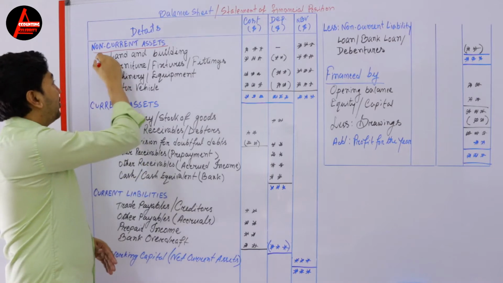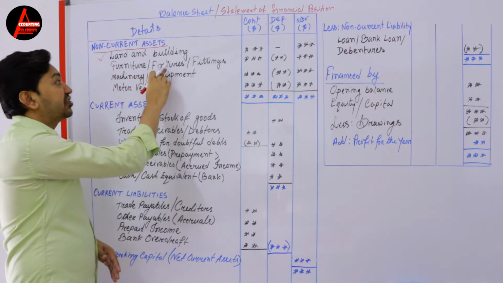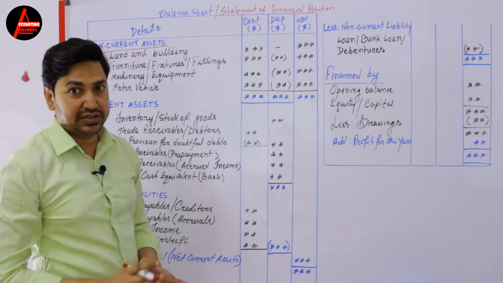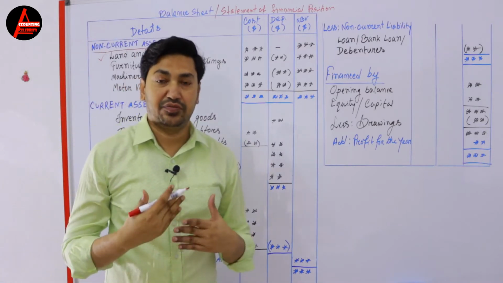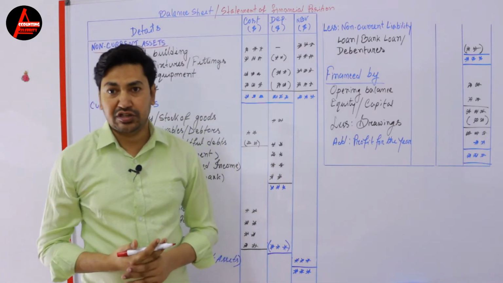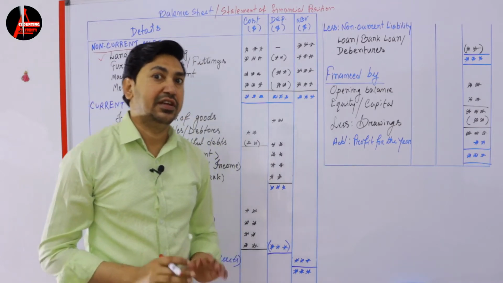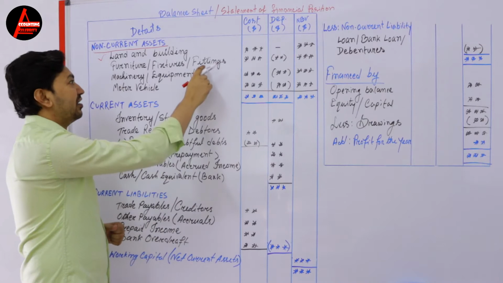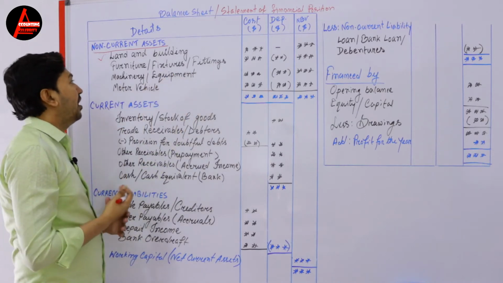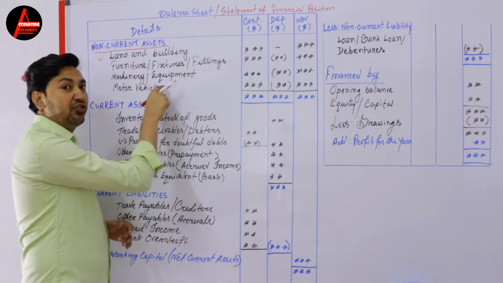After that you have to write what? Furniture, fixtures or fittings. These are basically the same. Maybe you have fixtures, maybe you have furniture, whatever you have. If it is a non-current asset, just take it and write it here. After that, machinery, equipment.